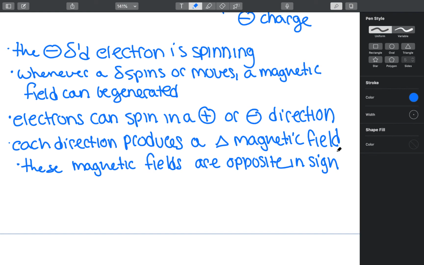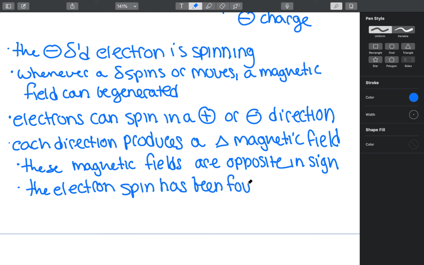Physicists and chemists have looked into this, and these magnetic fields and these spins are actually quantized. So the electron spin has been found to be quantized.